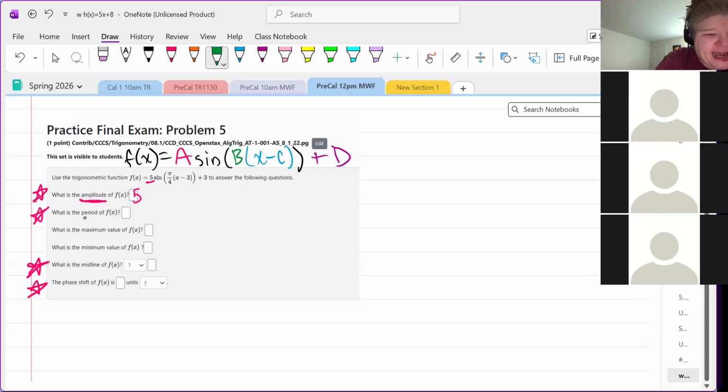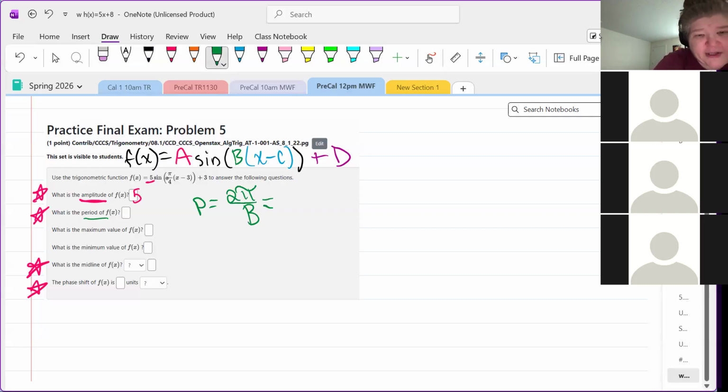The period actually has a formula, though. So our b value inside the graph is responsible for a horizontal change. The b value is being multiplied, so this is a multiplicative change, which is a growth or contraction, a stretch or a compression. So we divide by b. We do the opposite operation of what the function is showing us.